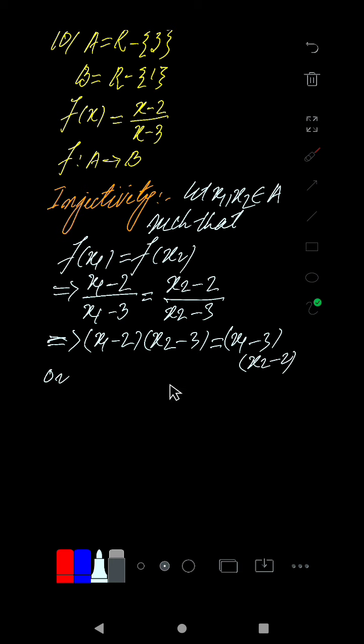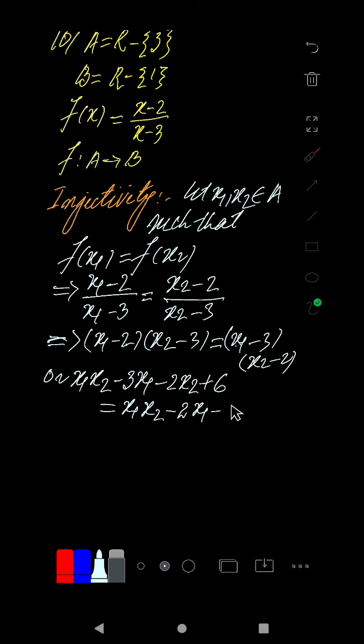Now we have to multiply these two brackets together. x1 into x2, x1 into minus 3, minus 2 into x2, minus 2 into minus 3 plus 6, equal to x1 into x2, x1 into minus 2, minus 3 into x2, that is minus 3x2, minus 3 into minus 2 plus 6.